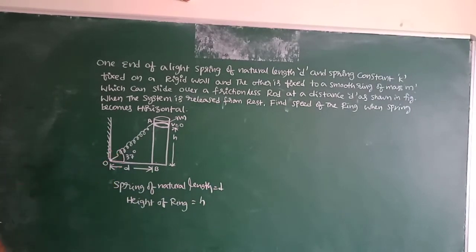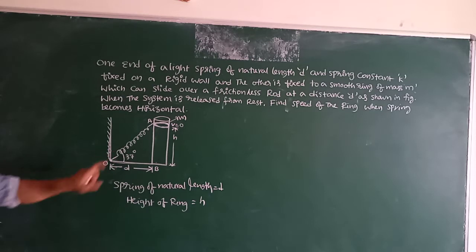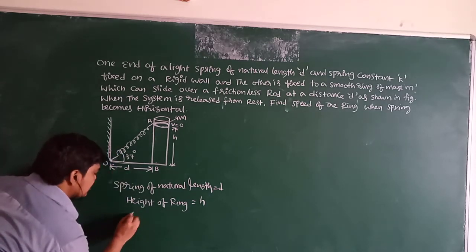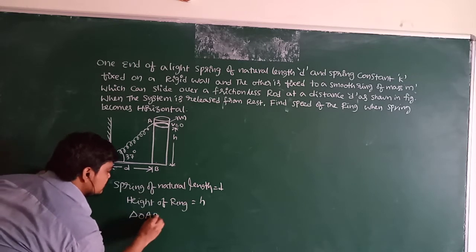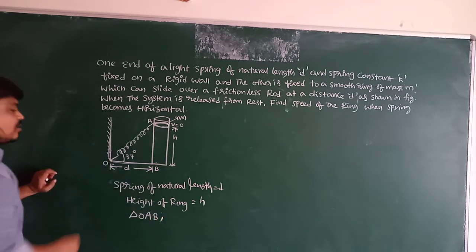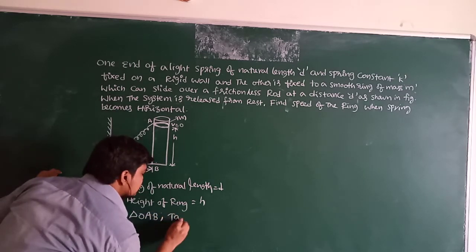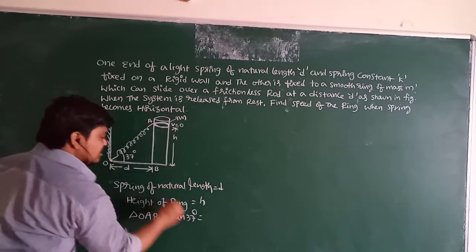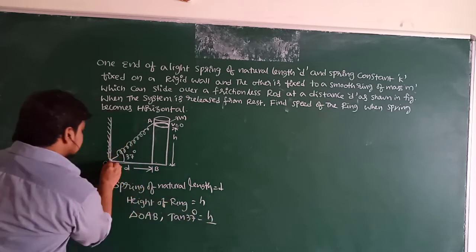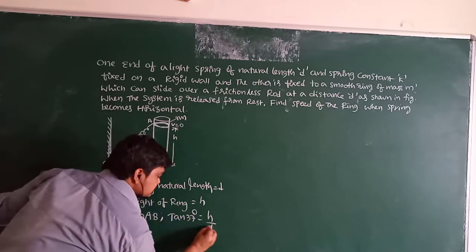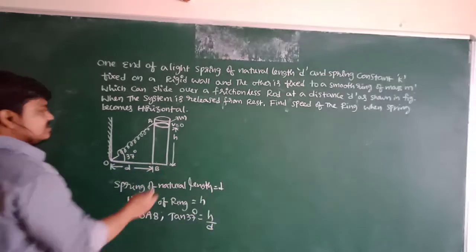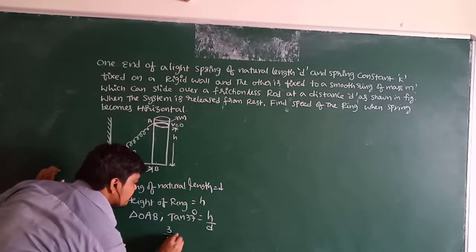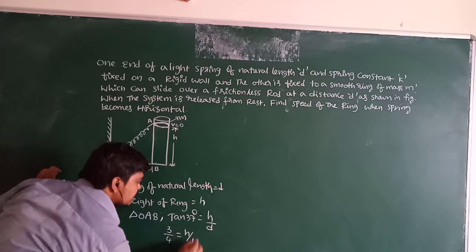So from the figure, we consider triangle OAB. From triangle OAB, tan 37 degrees is equal to opposite h by adjacent d. We know that tan 37 is equal to 3 by 4, which is h by d.